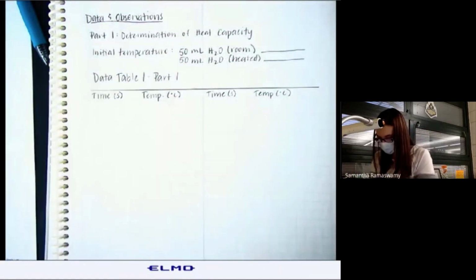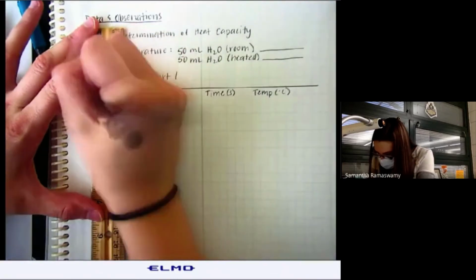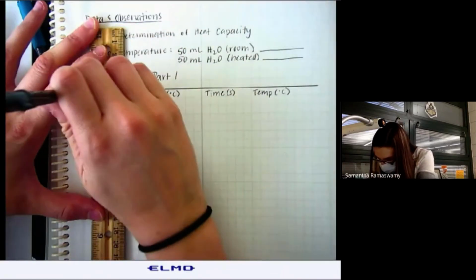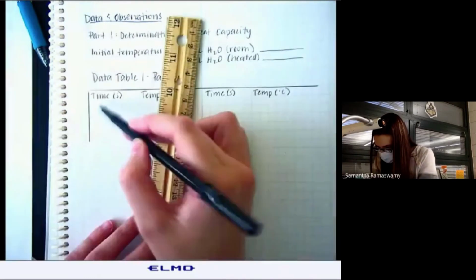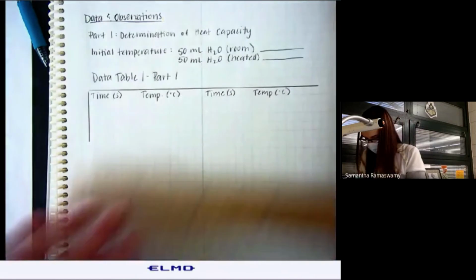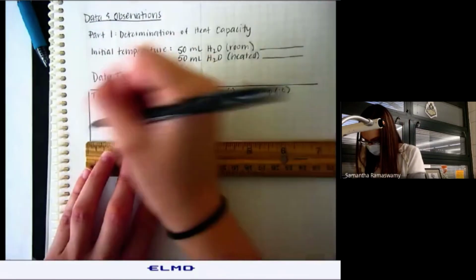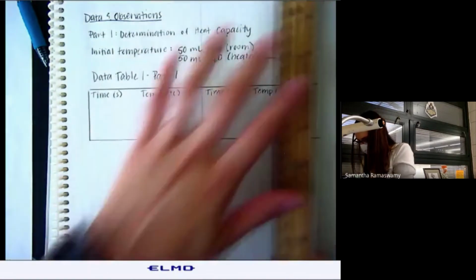Also, mine's not going to be as even probably as it should be. 1, 2, 3, 4, 5, 6. Okay. All the way across and down.